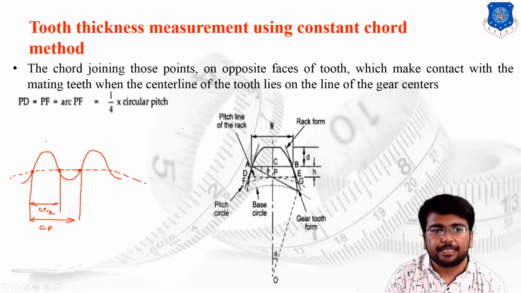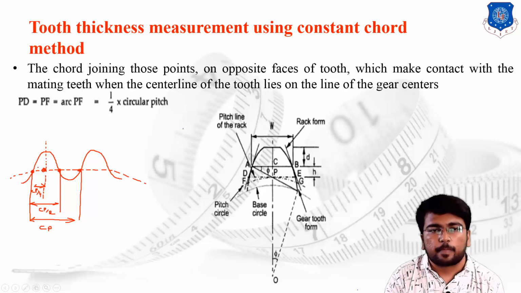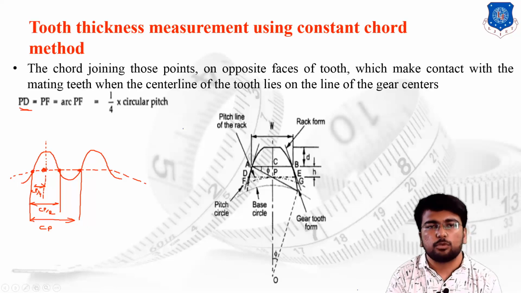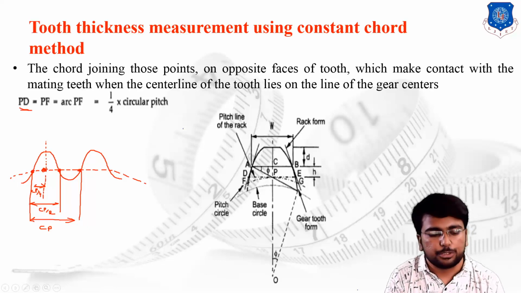If I bisect further and measure this particular value, then this is going to be CP by 4. And what is PD? PD is this particular portion. So PD is equal to PF, and arc PF is equal to 1/4 of the circular pitch.